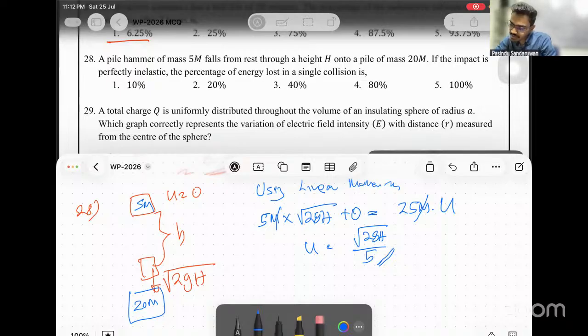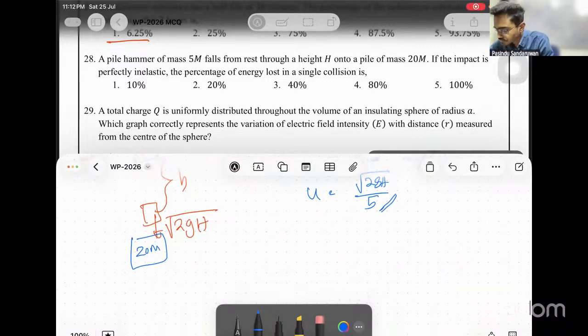Now the question is about percentage energy loss. Percentage energy loss is delta E over E1.